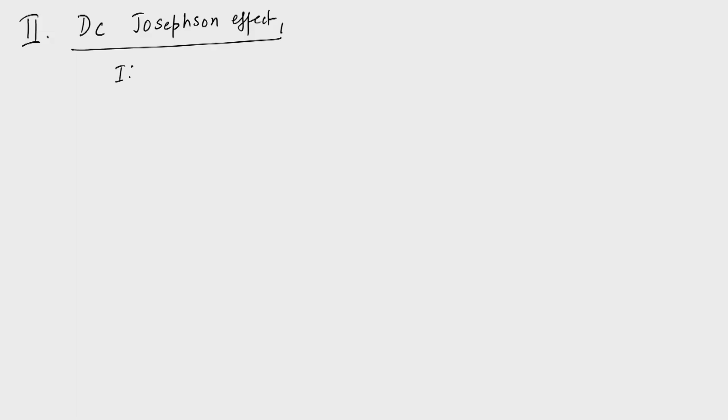A better option is actually to keep the current constant. So, if we have a constant current I, and that current should be less than I c, as we know, the current is less than the critical current.